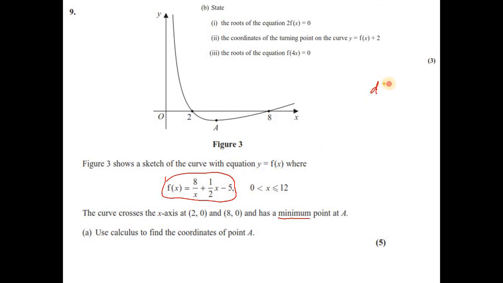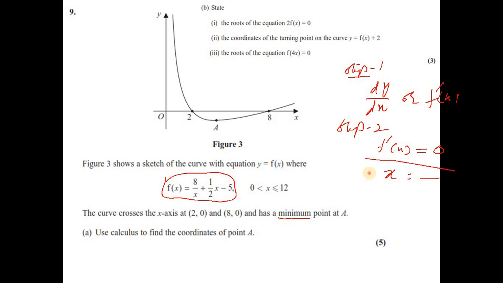That means step number one is you first find dy by dx or f dash of x, because this is the derivative. And then step number two is, after finding the derivative, you equate this derivative f dash of x equal to 0, and then you figure out the values of x, and these are the x coordinates of the minimum or maximum point.